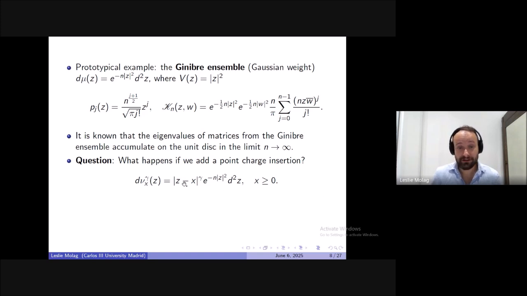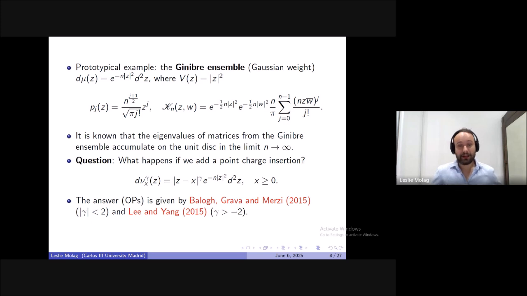Without the point charge insertion, the situation is more or less trivial. We know that the zeros of the polynomial are just at z is 0. But when you start adding a point charge, actually the zeros change.